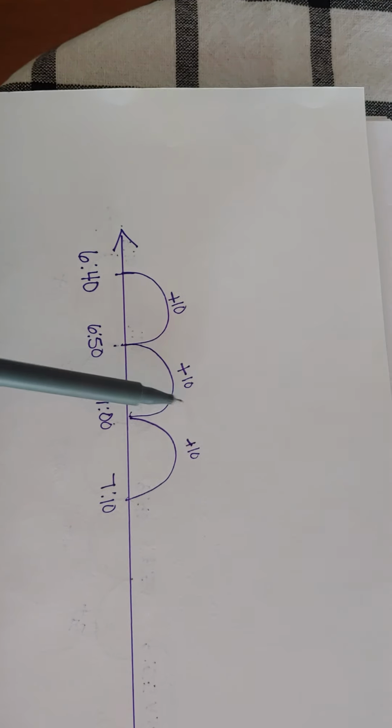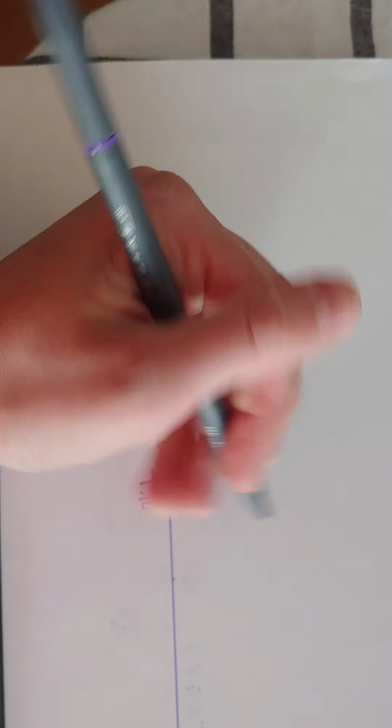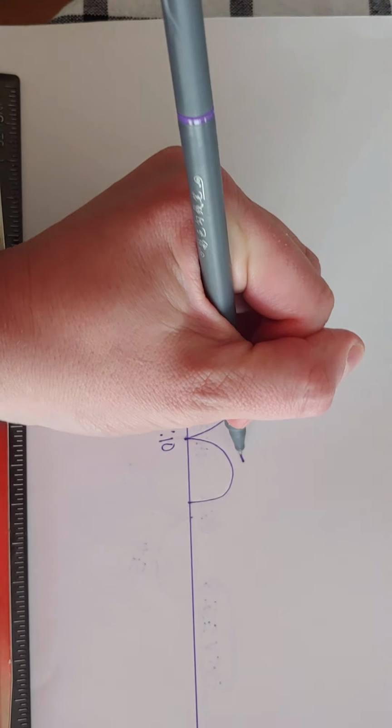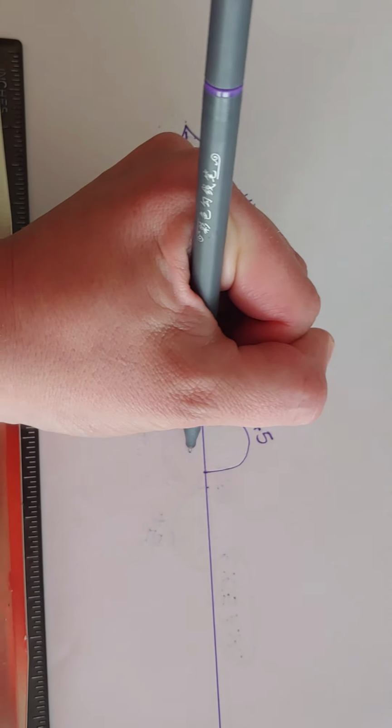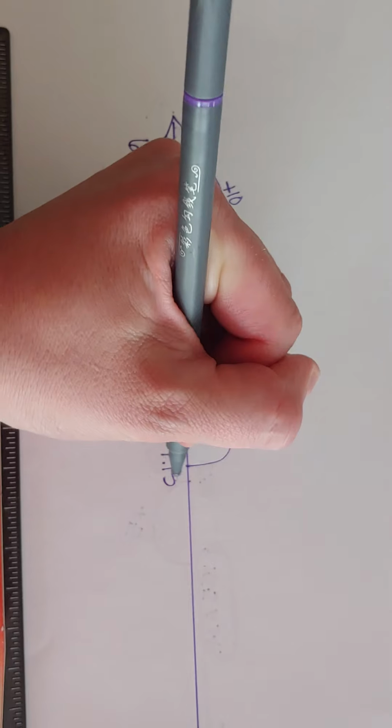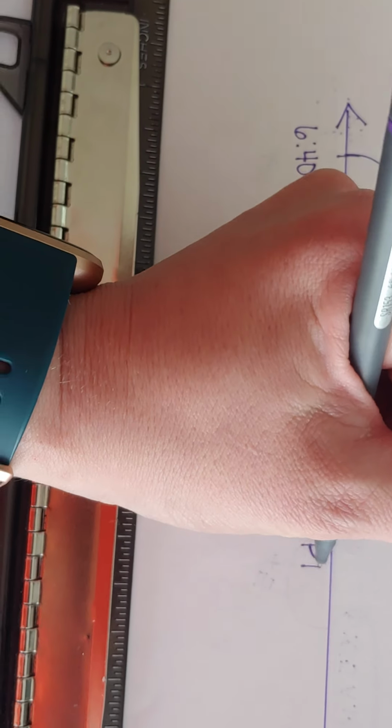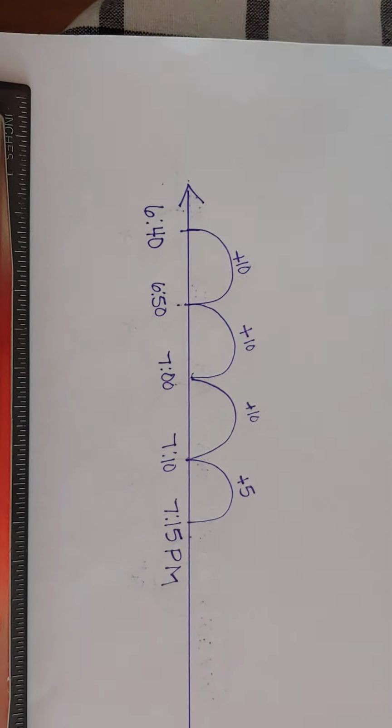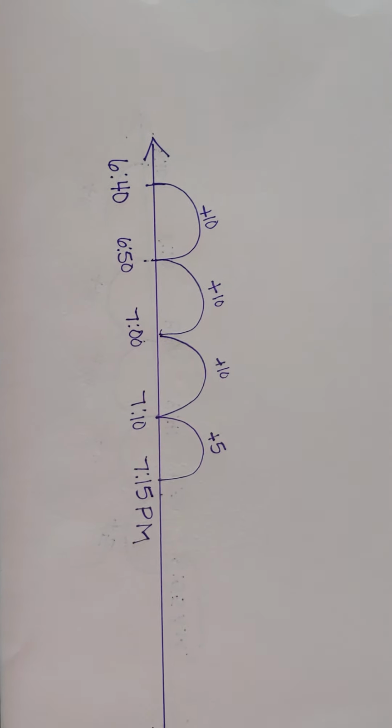So that's 10, 20, 30. I have to go 35 minutes. So I'm going to go 5 more, which will be 7:15. And it will be p.m. So my answer is 7:15 p.m.